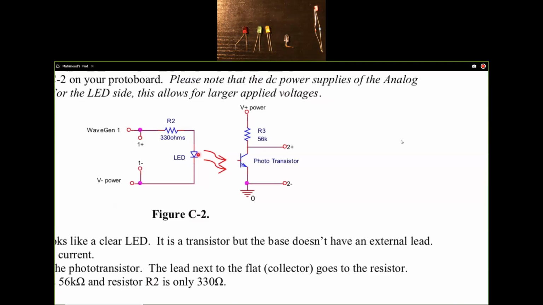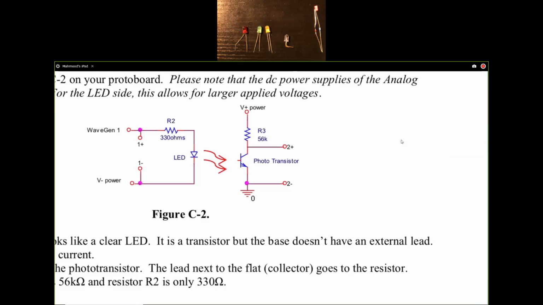And then we are going to transmit light, and on a separate circuit board we are going to place a phototransistor where the base of the transistor, earlier we were controlling the base of the transistor by using a base voltage with respect to the emitter. Right now our light is essentially functioning as our base voltage.